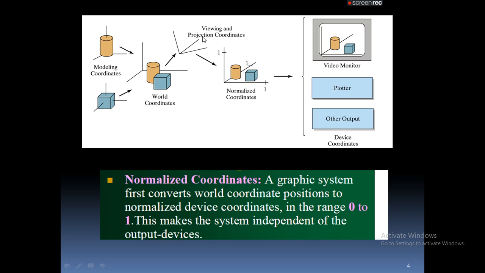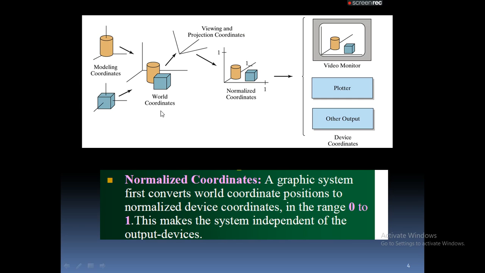As I said in the previous video lecture, projection coordinates come into the picture only when we are displaying three-dimensional images. But here we are discussing only two-dimensional images or two-dimensional viewing, so we skip projection coordinates.